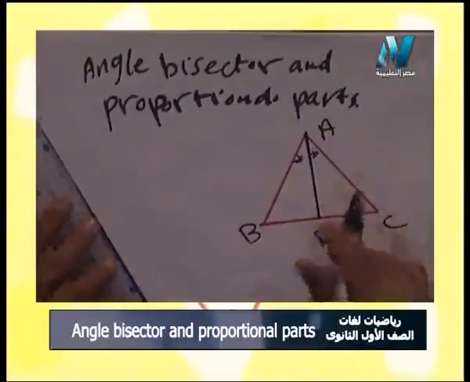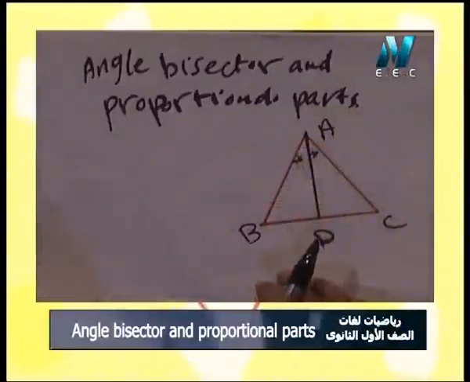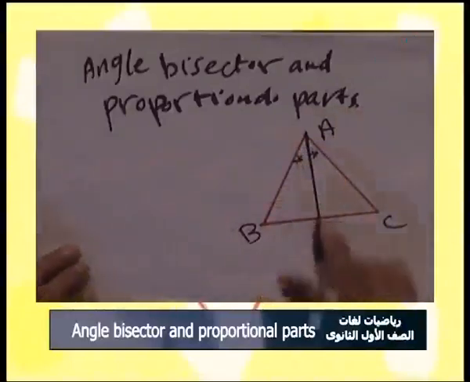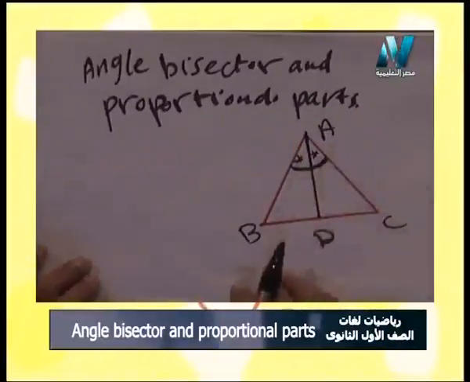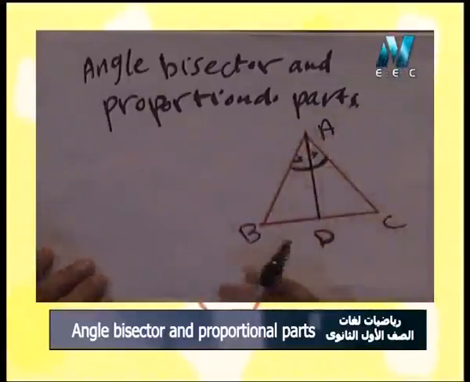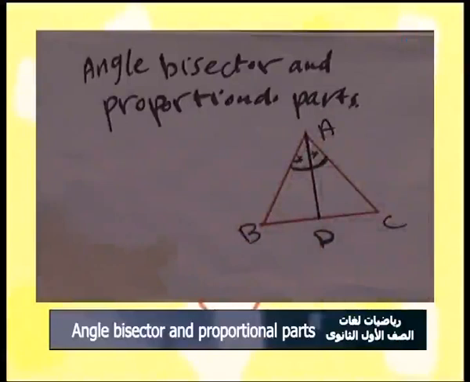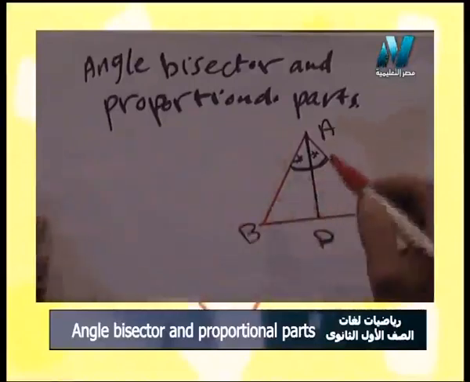We call this AD an interior bisector, or internally bisector, because it bisects the angle from inside. If we have a triangle here and the AD bisector, then we will have a proportional ratio like that.